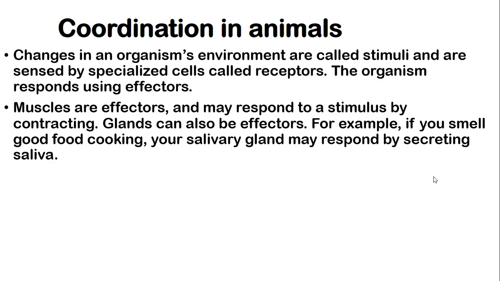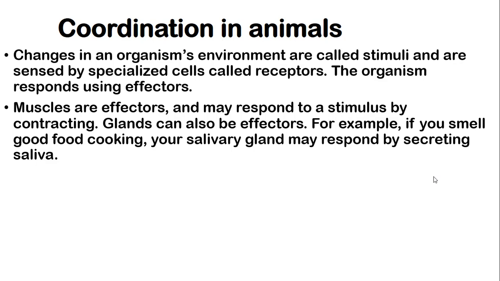Glands can also be effectors. Glands are organs that secrete hormones. For example, if you smell good food cooking, your salivary glands may respond by secreting saliva.